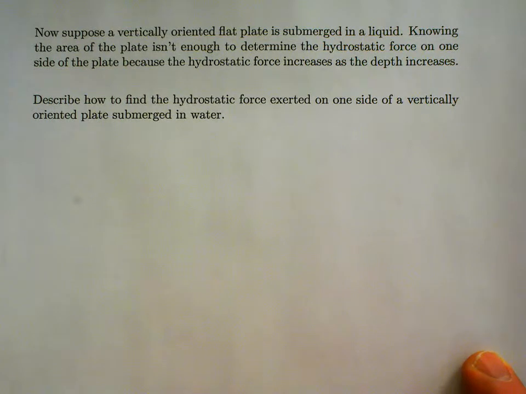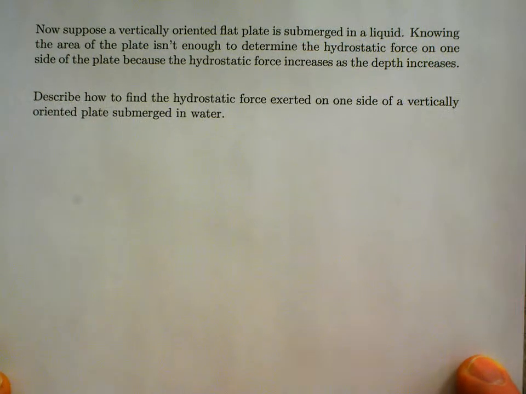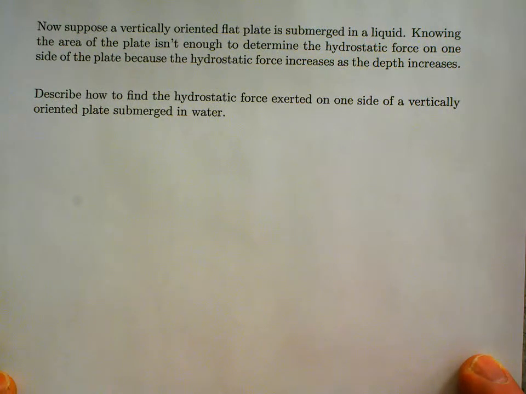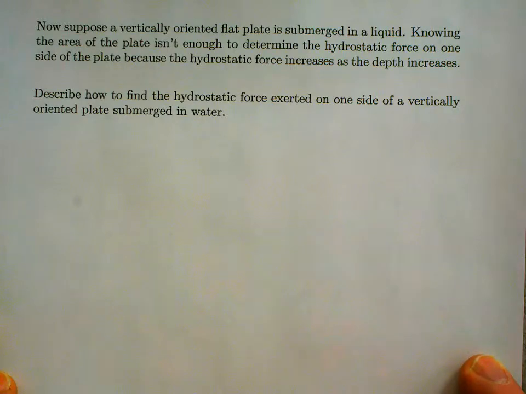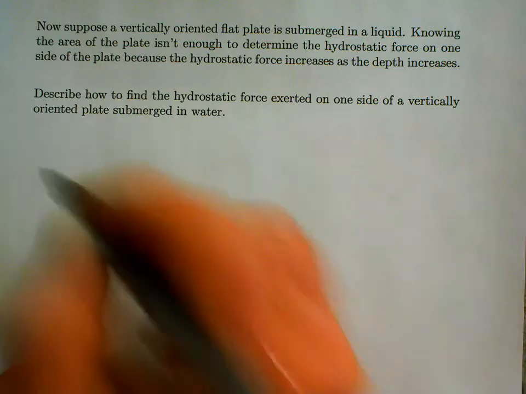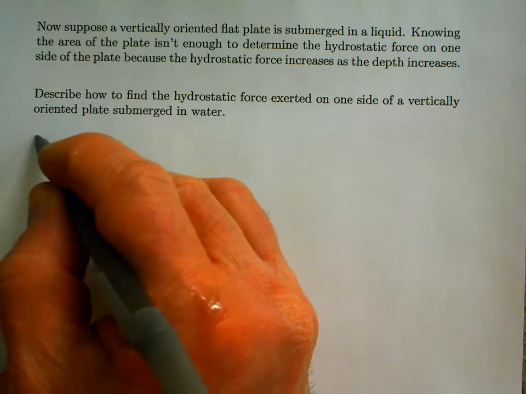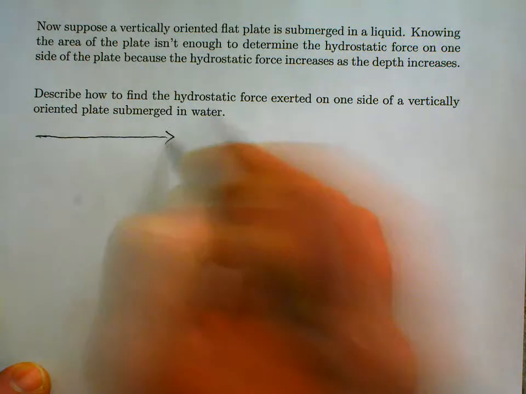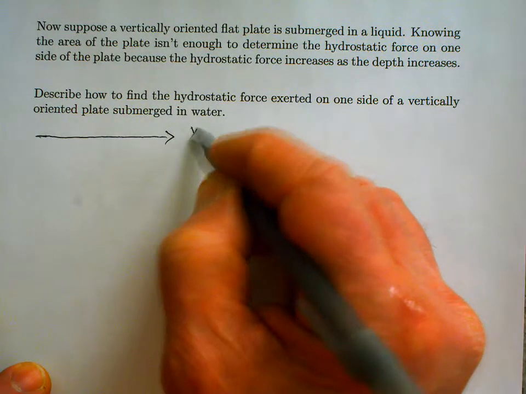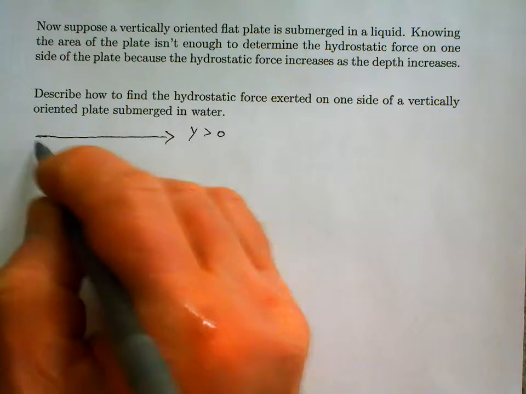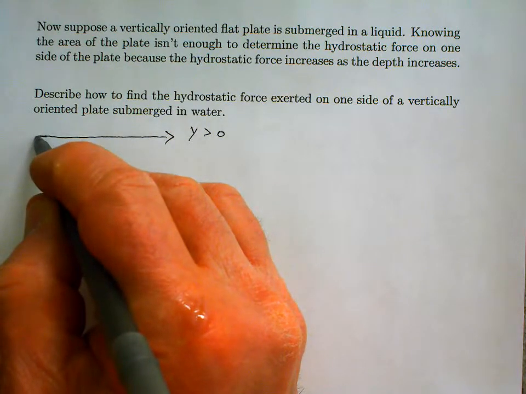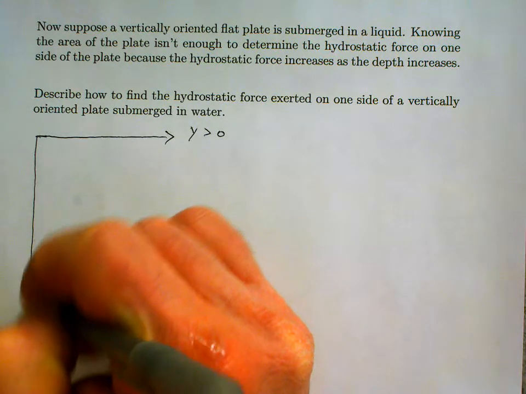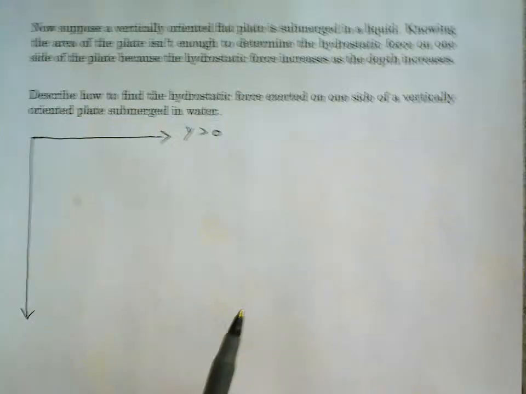Well, think of the XY coordinate system rotated 90 degrees clockwise. So if we do that, then the positive y-axis will be horizontally to the right, and the positive x-axis will be vertically downward.